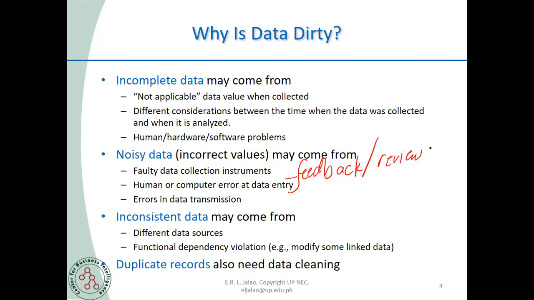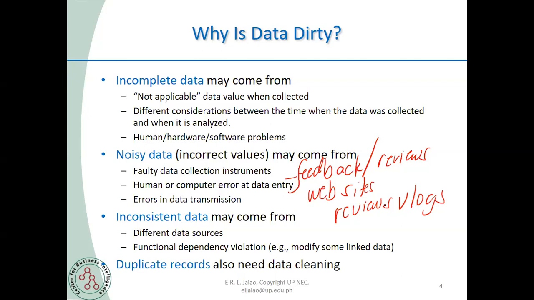They may come from different platforms like websites, reviews in your information system or in your website, reviews from Lazada, reviews from YouTube blogs. So those may come from different data sources. And functional dependency violation, modifying some linked data, and duplicate records also need data cleaning.